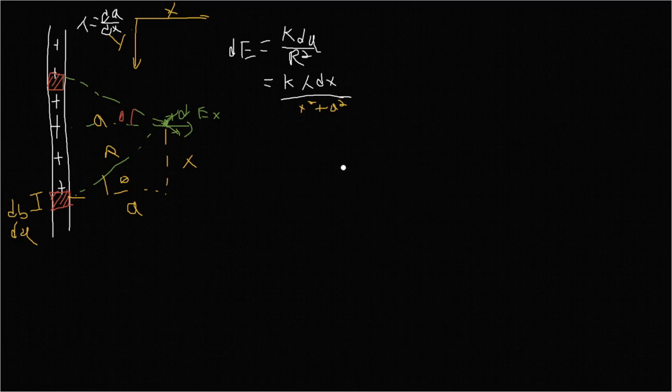So now we need to think about this angle here, and look specifically at the x direction. dE in the x direction is just going to be dE times cosine theta.